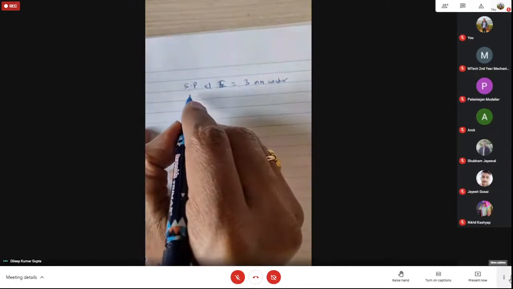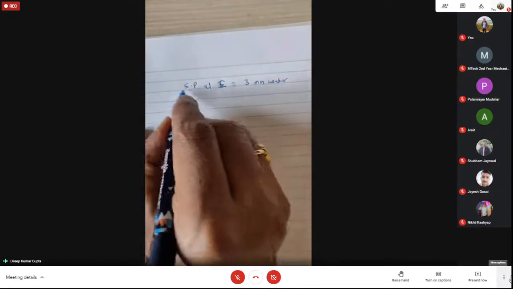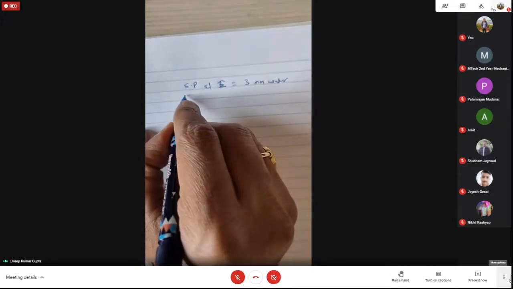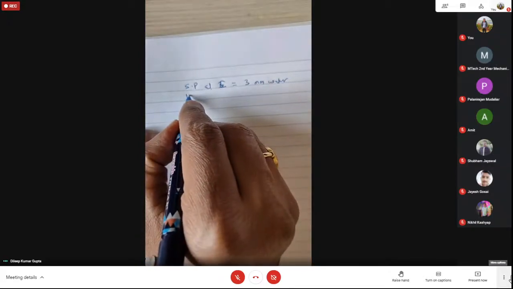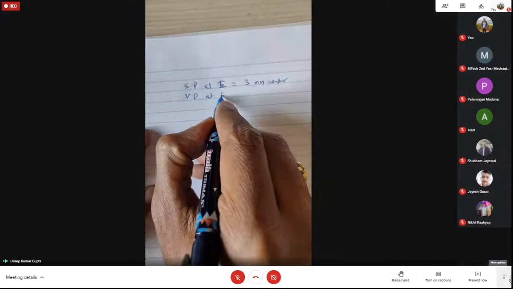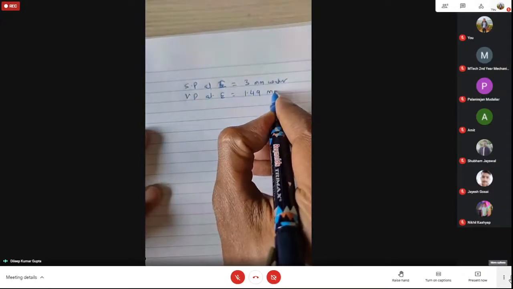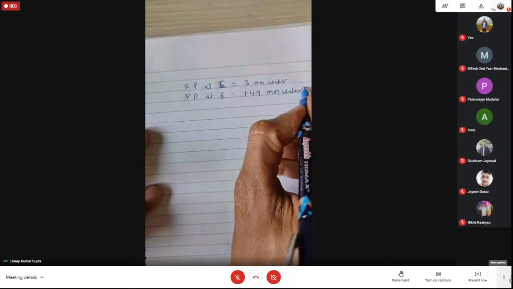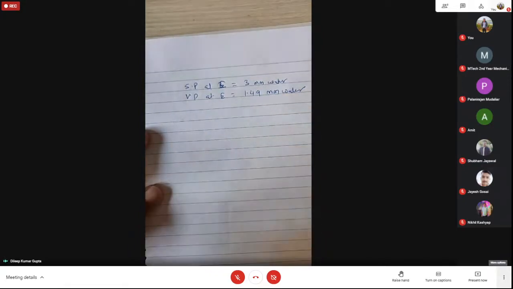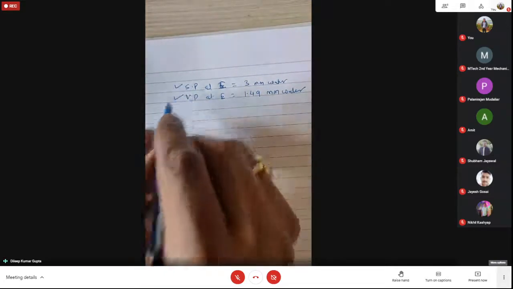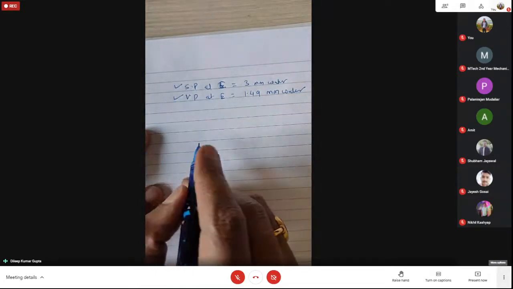And what is the dynamic pressure loss at the exit? So the dynamic pressure or velocity pressure at outlet of E can be calculated as 1.49 of water. This is already calculated over here at point E. This is the final exit. So these are the two other components that have to be added.